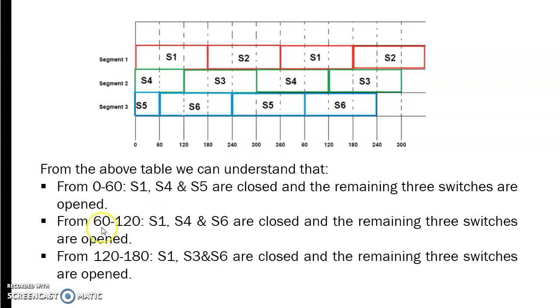So you can understand that for each 60 degree, 3 switches will be turned on. 3 switches will be in conduction, and each switch will be conducting for a duration of 180 degree, and after every 60 degree one switch will be turned off and another will be turned on.